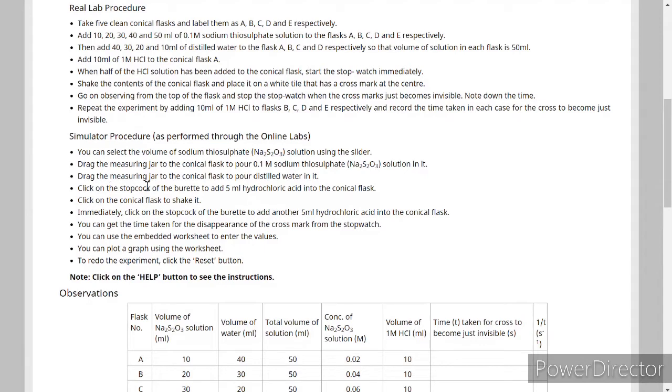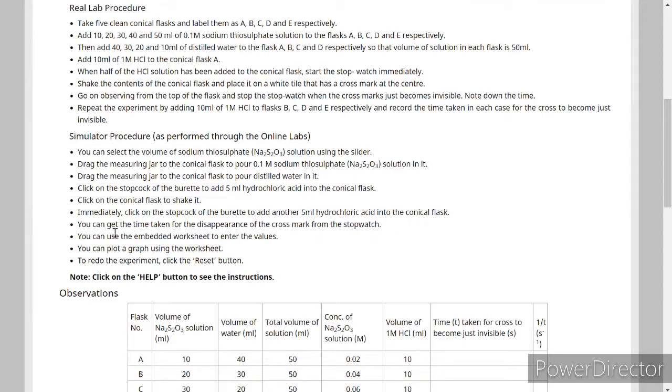Then we click the stopcock of the burette to add 5 ml hydrochloric acid into the conical flask. Then we shake the conical flask.